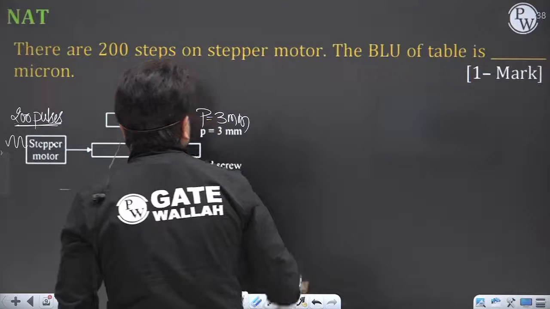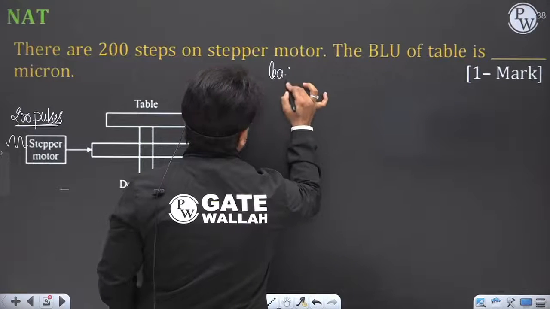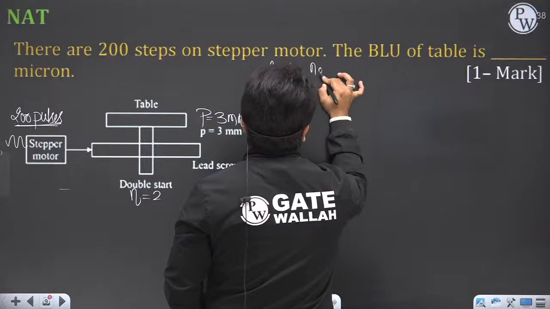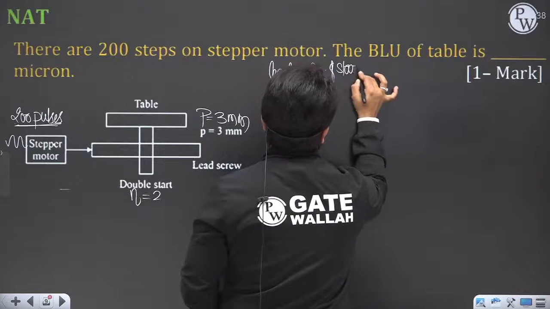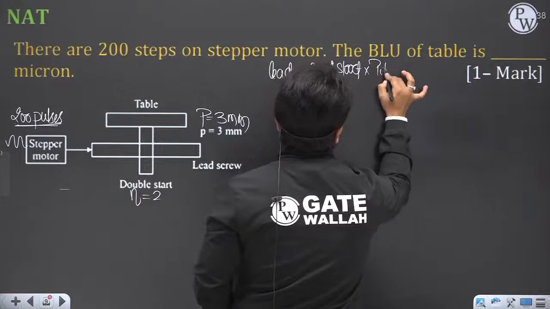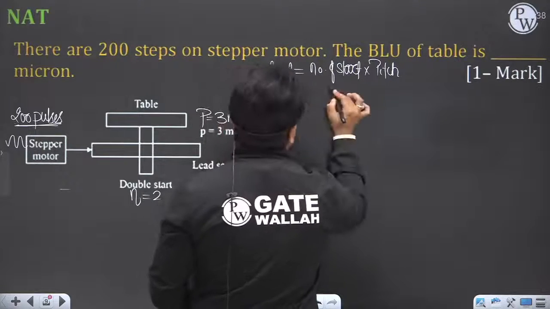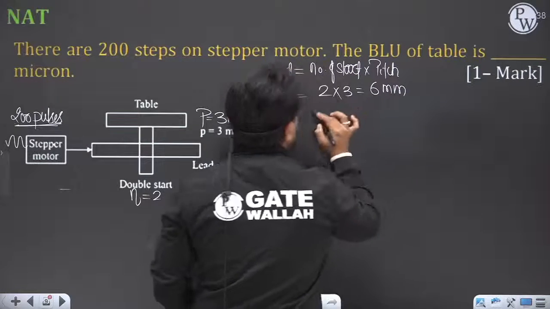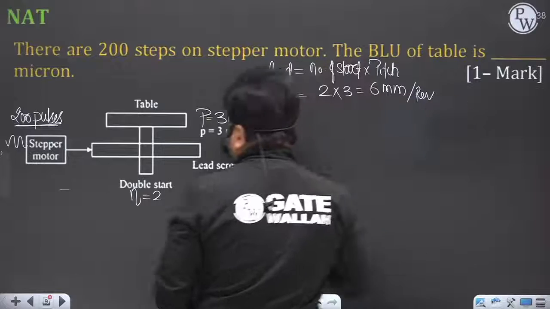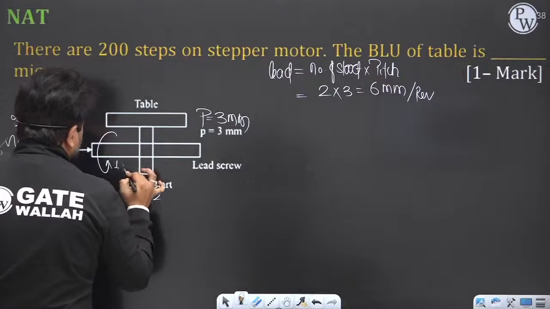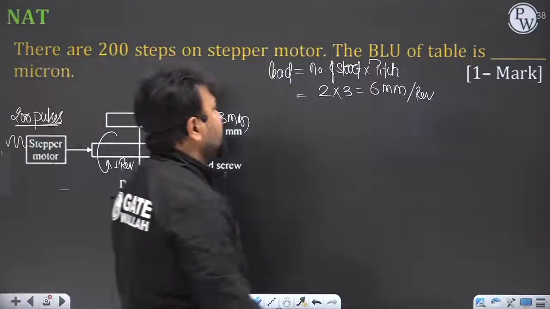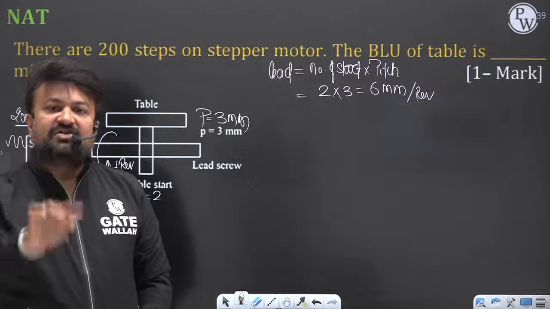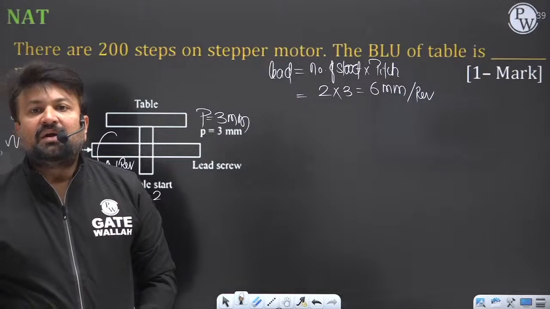So what will be the lead? Lead will be the number of start into pitch. Number of start is 2, pitch is 3. This is 6 mm. It means after one revolution of the lead screw, there will be 6 mm translational motion.